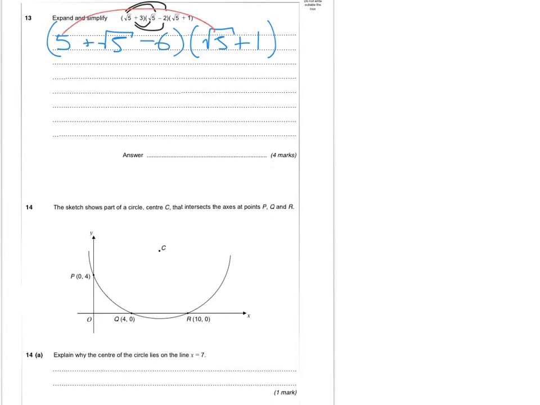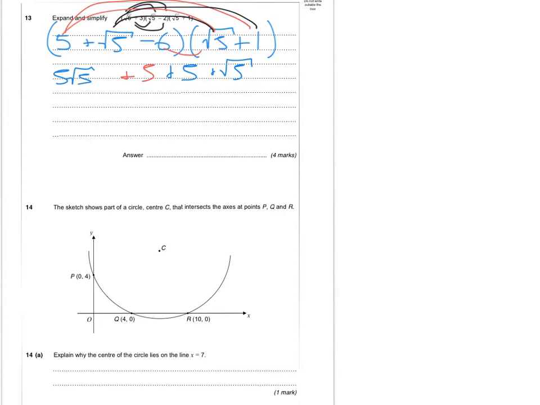Alright. So we've got 5 root 5 plus 5, root 5 times root 5 is plus another 5. Then we've got root 5 times 1, so plus a root 5.